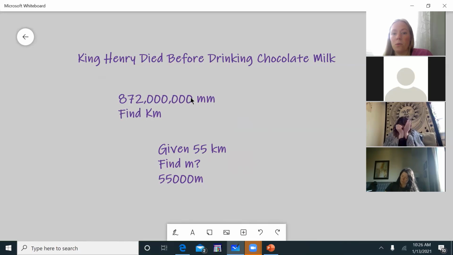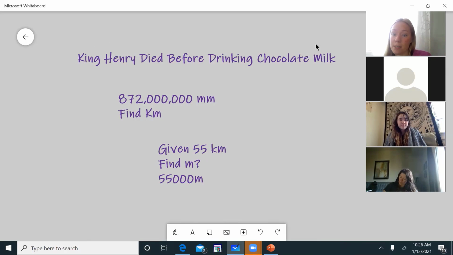Start with your given information. Millimeter is over at the milk here. If I want to get to kilometer, which is over at the king, I've got to hop quite a few spaces. 1, 2, you do hop through the base, 3, 4, 5, 6 hops in the same direction.